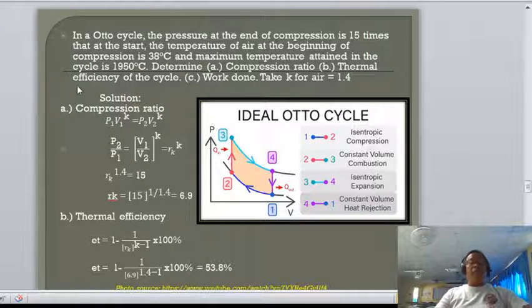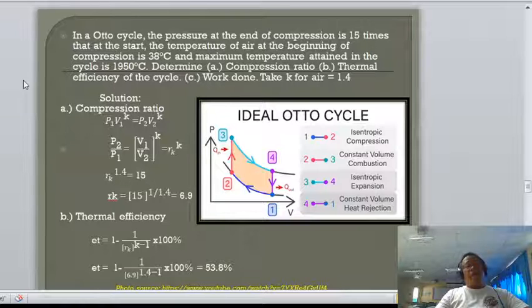So, how are we now going to determine the compression ratio? From the basic equation, we know that the compression is isentropic. So, the equation now is PV raised to k is equal to constant. Okay?